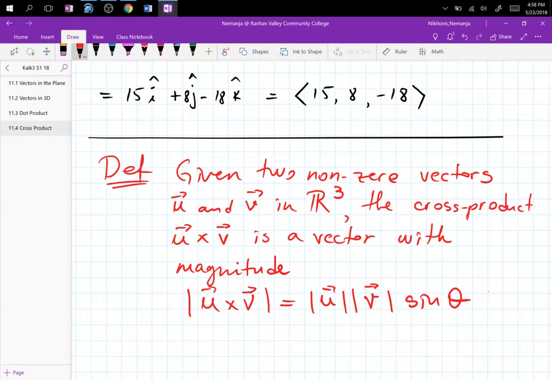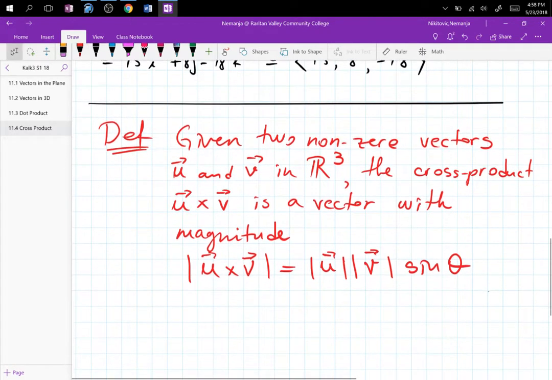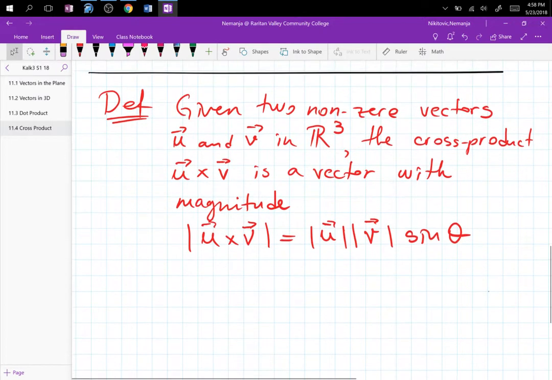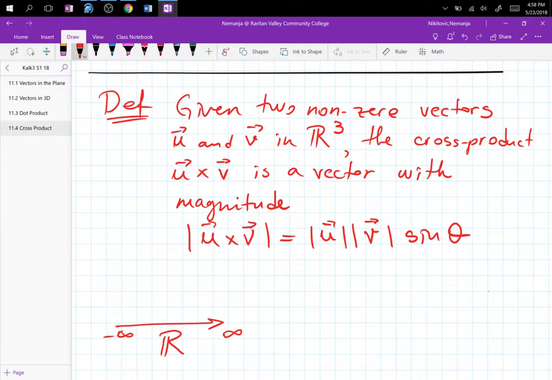What is R3? I will explain that. Real numbers again? Yes, it is, but we have r cubed over here, which means it's three of those real number axes, one for x, one for y, and one for z. So we have one-dimensional number line from negative infinity to positive infinity labeled as all real numbers r.